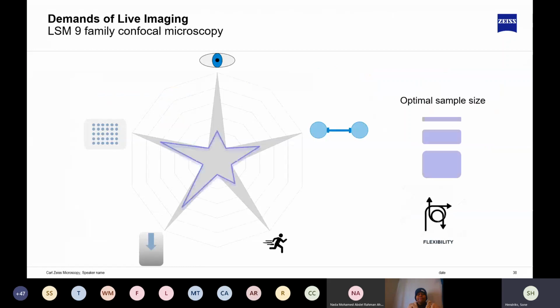So, confocal is probably your most diverse sample. So I won't go into detail.